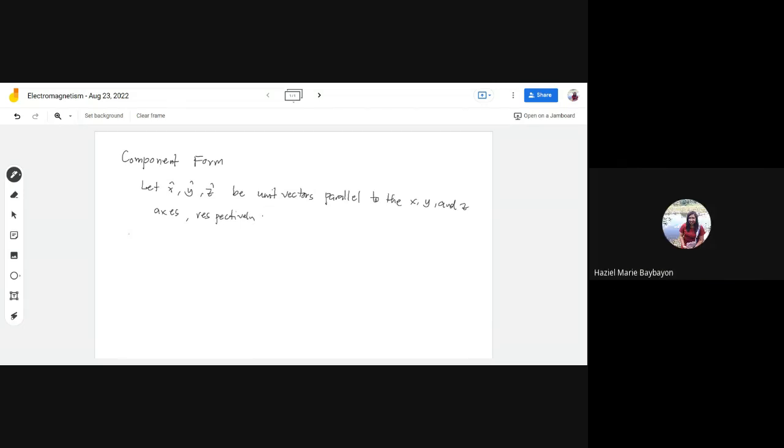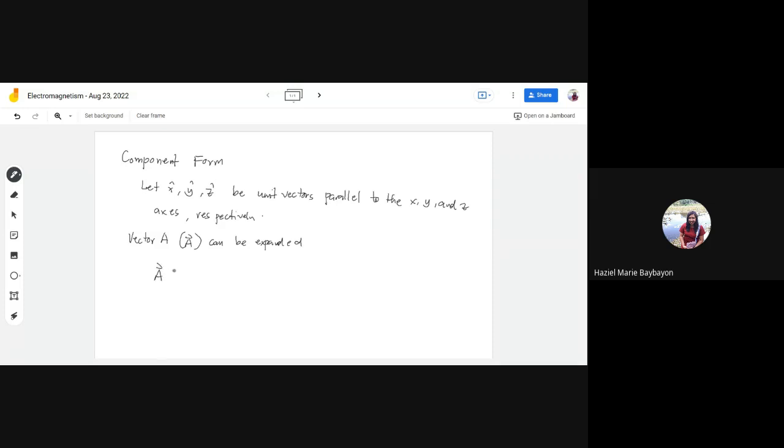So vector A, if you have a vector, it can be expanded into its component form. Suppose it is a three-dimensional vector.